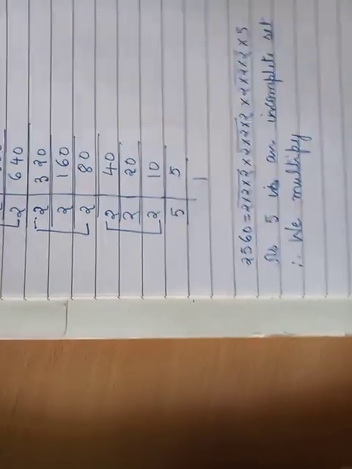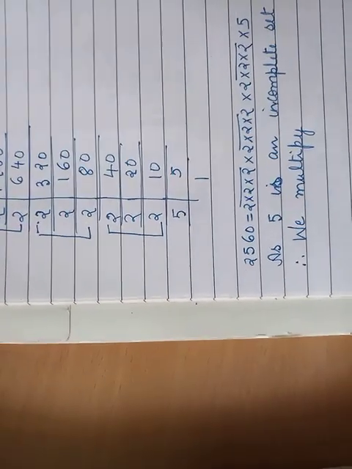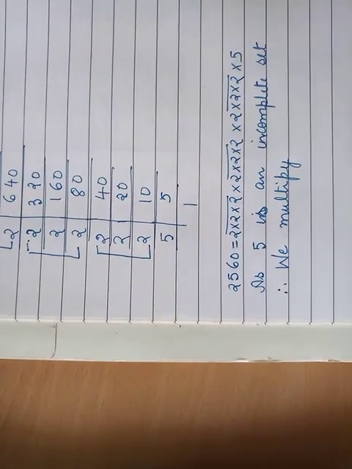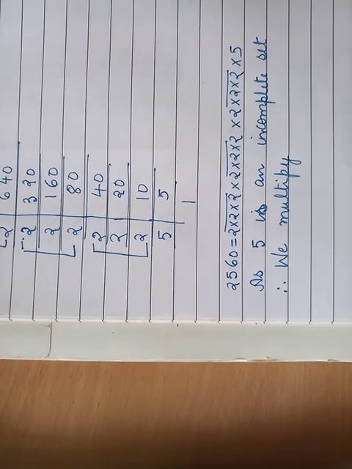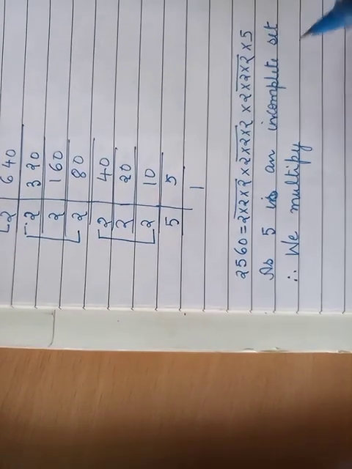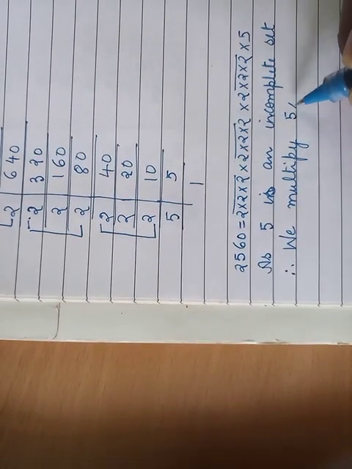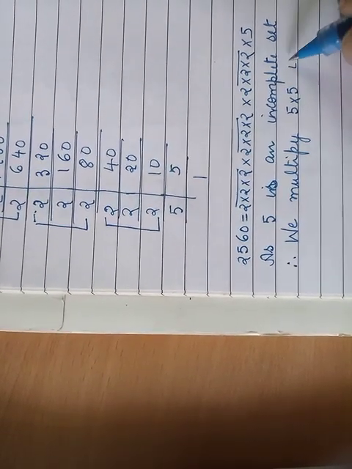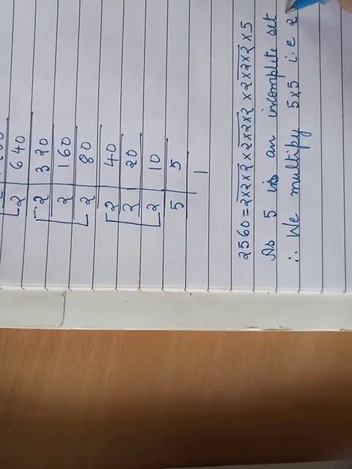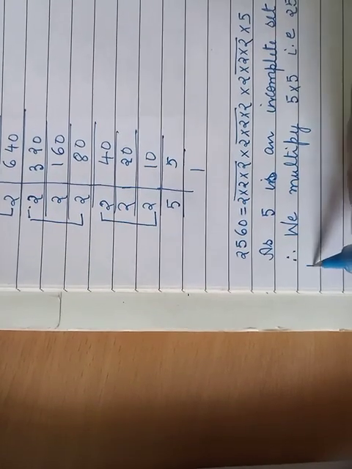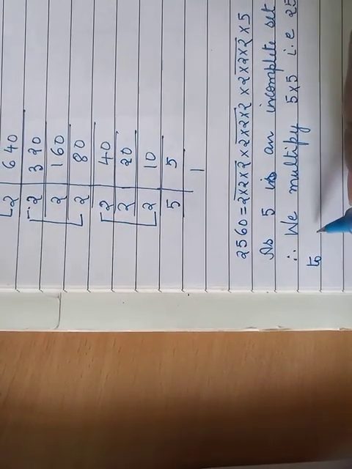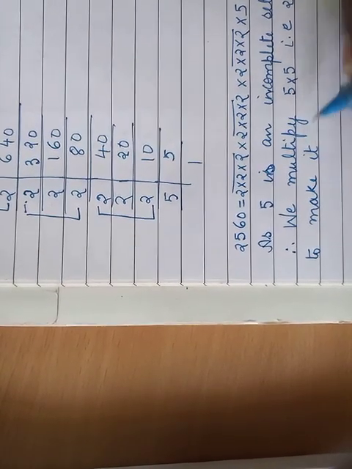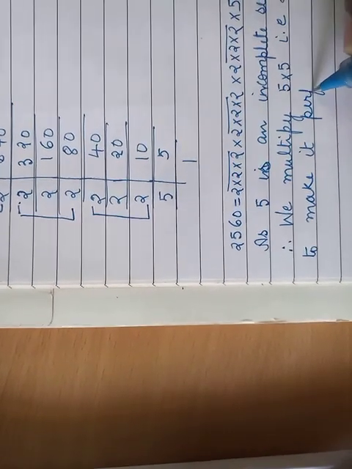Now to complete this set, how many 5 are required? See, for each set in a cube we should have the same number 3 times. Here we have 5 only 1 time. So how many 5 are required? 2 more 5 are required, that is 5 into 5, that is 25, to make it a perfect cube.